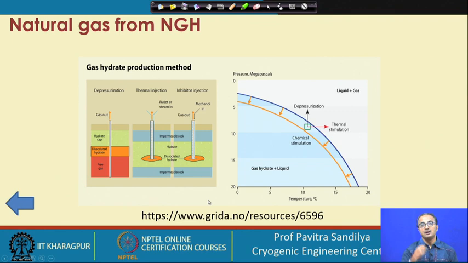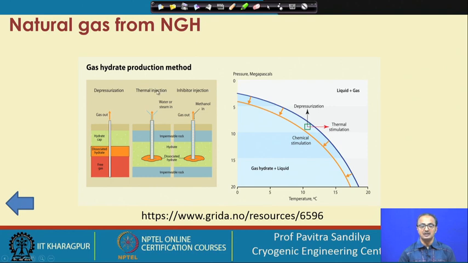Next, to get this natural gas from the gas hydrates, generally so far there is no commercial technology, but many technologies are being developed, and under these there are broadly three categories. First is depressurization. This means that we reduce the pressure inside the sediment, so the gas hydrates will dissociate into water and gas, and then the gas is taken out.